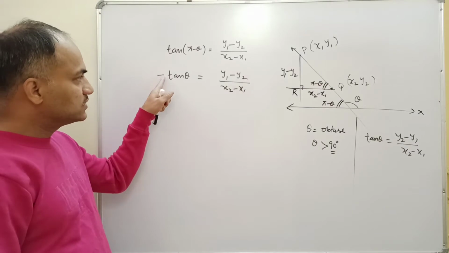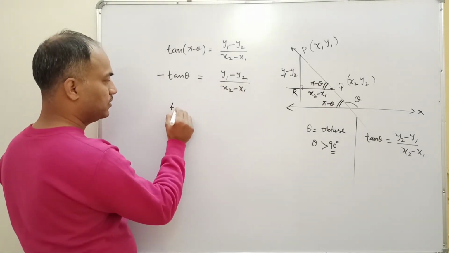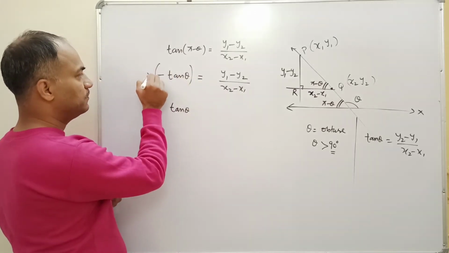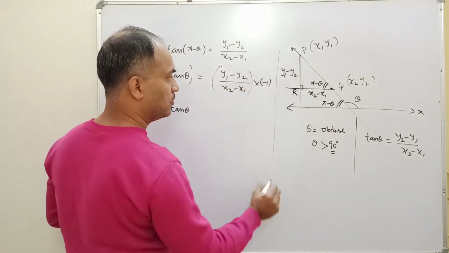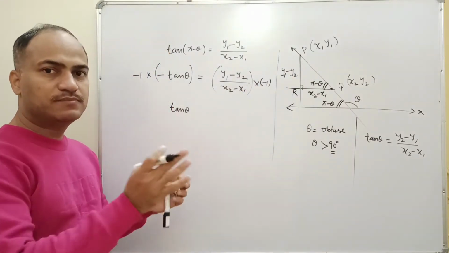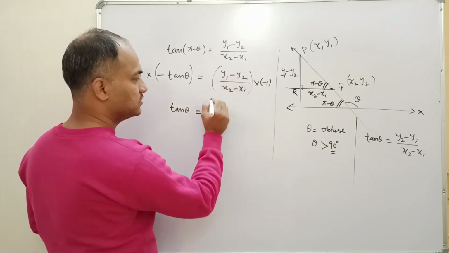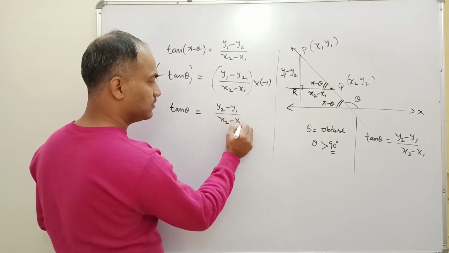Now this minus, if we multiply in the numerator, what happens? This becomes positive, or you can say both the side we are multiplying with minus 1. So this becomes positive and this is y2 minus y1 upon x2 minus x1.